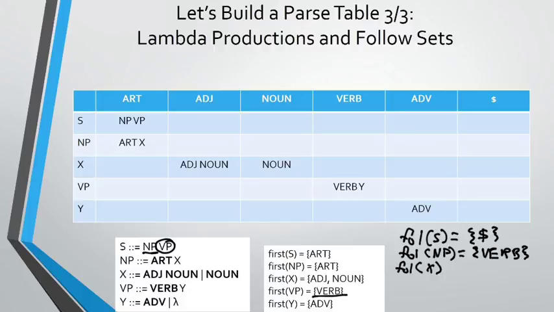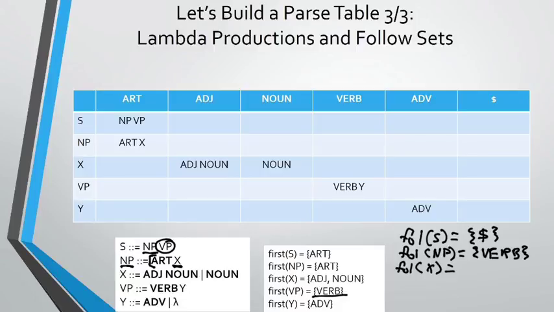Follow set of X. This gets a little bit fishy, so we need to think through this. The only time X shows up, it shows up on the tail end, or the rightmost side of the right side of the production. There's nothing behind it. Well, there kind of is. The X shows up on the right side of a noun phrase.